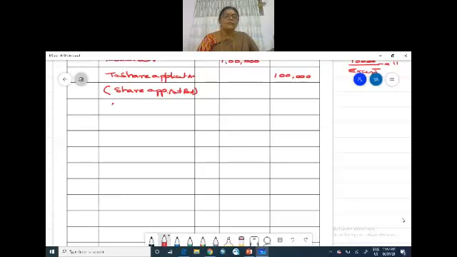So next you are going to have share application account debit to share capital. Okay. Being share application amount transferred to share capital.